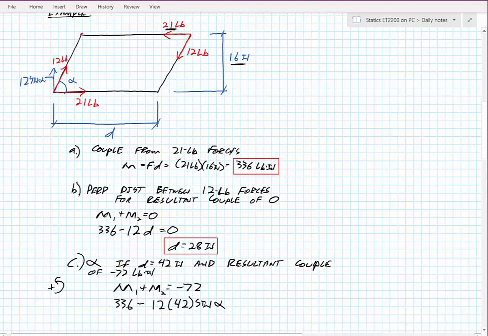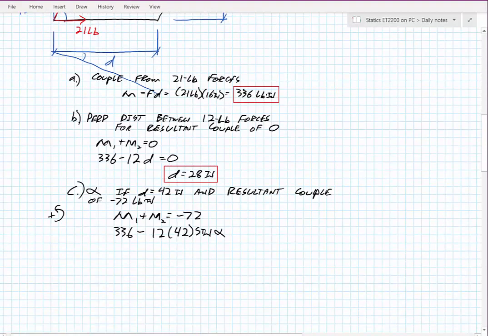Or the other way you can think of it is that I need a perpendicular distance, and that perpendicular distance would be the sine of alpha times my original distance. I'll give up on drawing that one. But I know that in total this has to equal my negative 72. So I can solve for this alpha, and I got an alpha of 54.05 degrees.